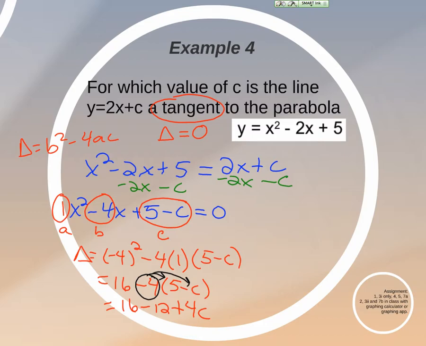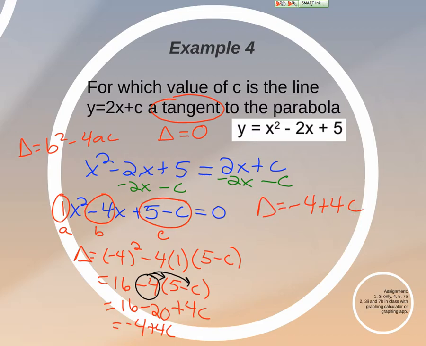And wait, I don't know why I wrote 12 when I said 20, right? Did anyone else catch that? I'm going to blame it on early release. So 16 minus 20 is negative 4 plus 4c. So negative 4 plus 4c is that discriminant.